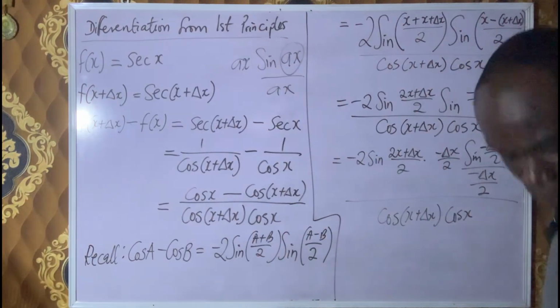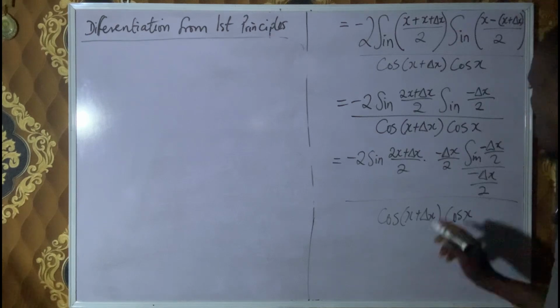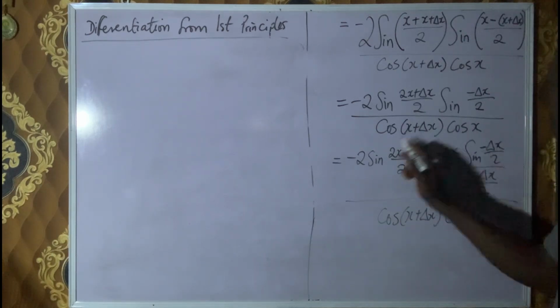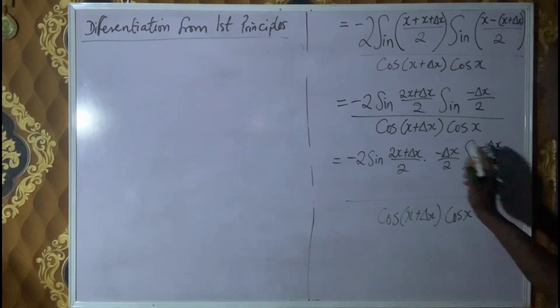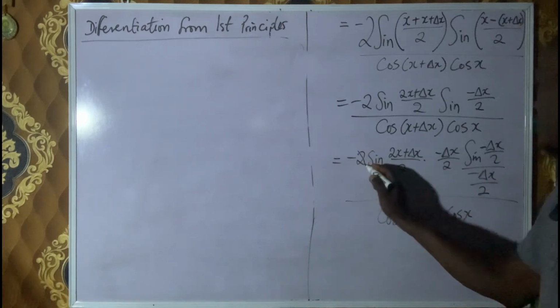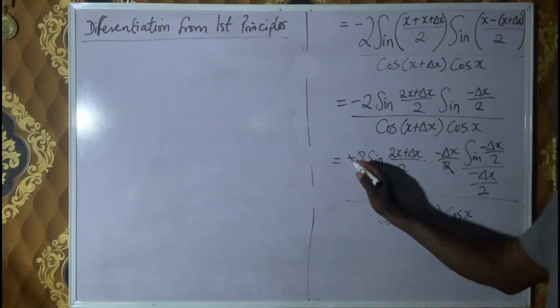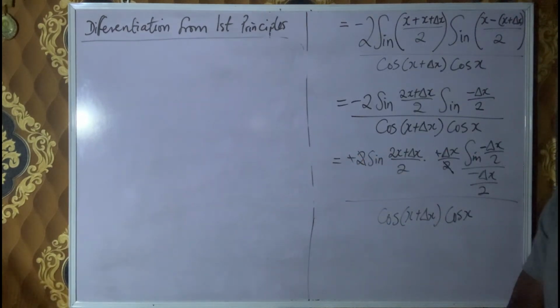So let's go on. To take us further, we need a free delta x, which we already have. The 2 can cancel out. Minus minus is plus.